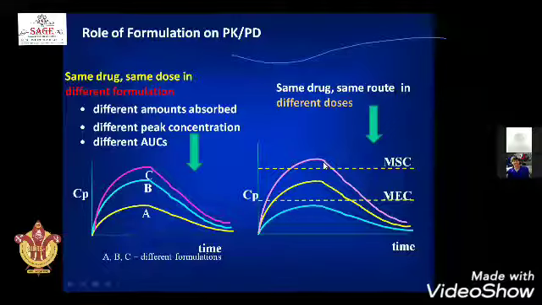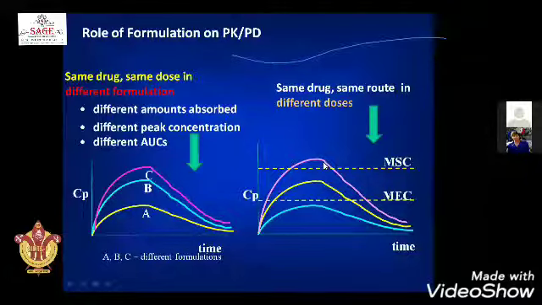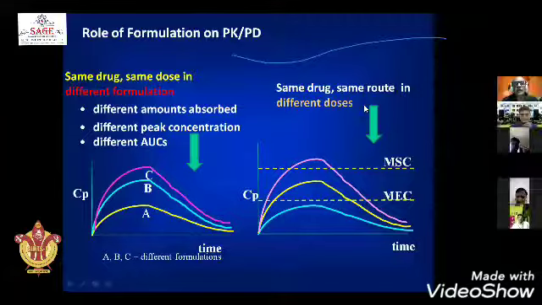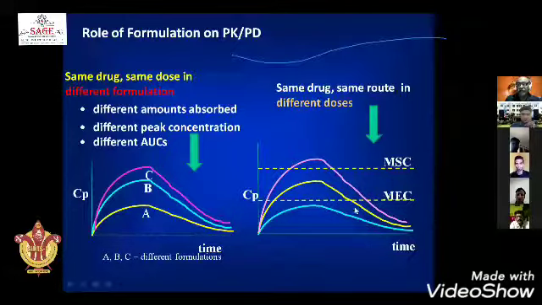Similarly, if the same drug is administered through the same route in different concentrations, the level will differ. If the dosage form has a low concentration, you will get this type of graph.